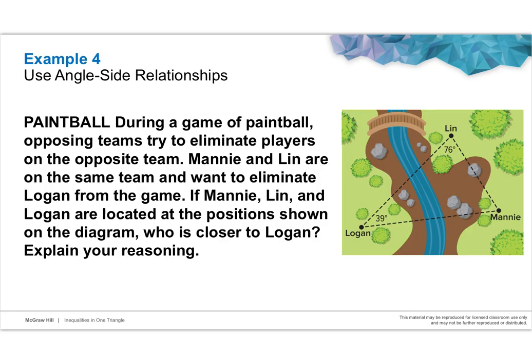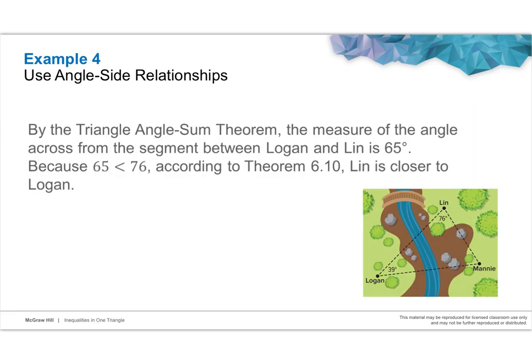So the question is, if Manny, Lynn, and Logan are located at the positions shown on this diagram, who is closer to Logan? And we'll do some explanation of that. By the triangle angle sum theorem, the measure of the angle that's across from the segment between Logan and Lynn is missing out of 180, so that is 65 degrees.